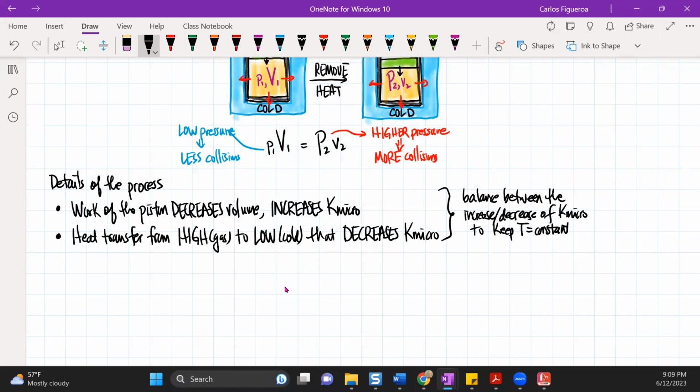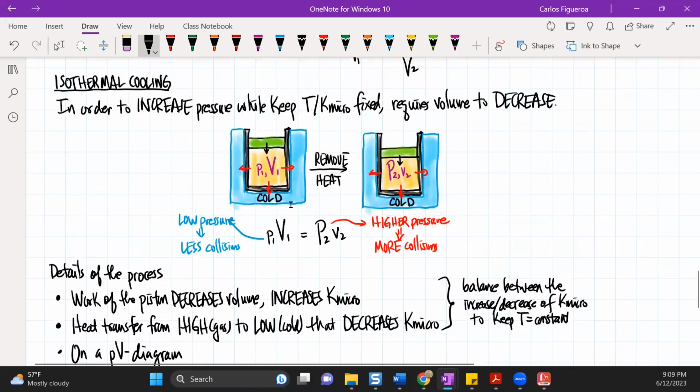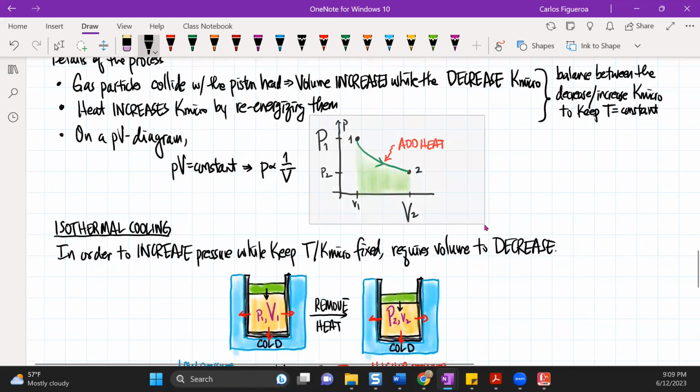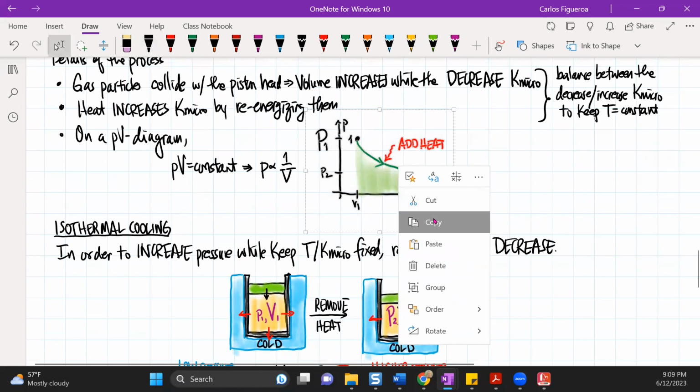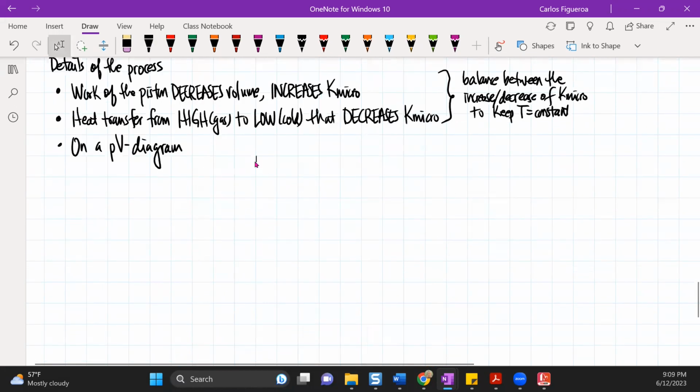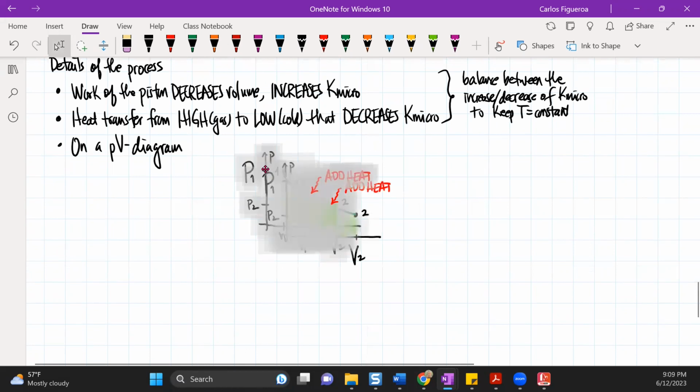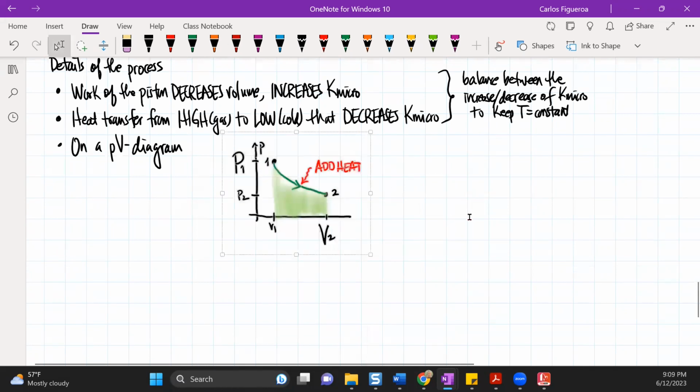So then, on a PV diagram, it looks very similar to what we just did right over here. So if I grab this image here, what am I seeing here? So if I look at my PV diagram, now I am going in the opposite direction. That means here that when I'm looking at this thing, these values here are changing.